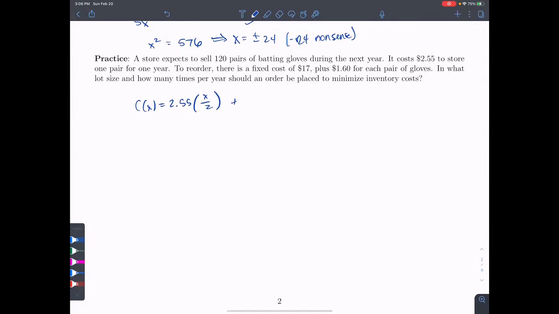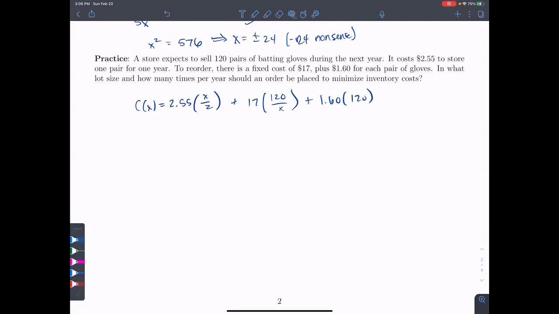We have this fixed cost per order of $17. So 120 divided by x, that'll give us the number of orders, and then 17 times that'll give us that cost, plus $1.60 for each pair of gloves. So $1.60 times 120 pairs of gloves.